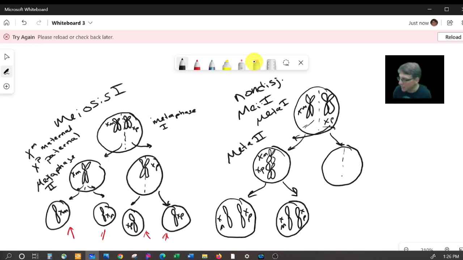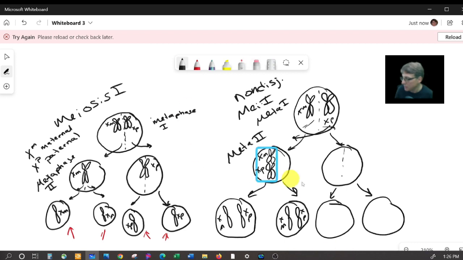And then these have no sex chromosomes. When we divide, all of the other autosomes will divide normally, but there aren't any sex chromosomes to divide. So in terms of sex chromosomes, these daughter cells will be missing one, and these will have an extra sex chromosome.